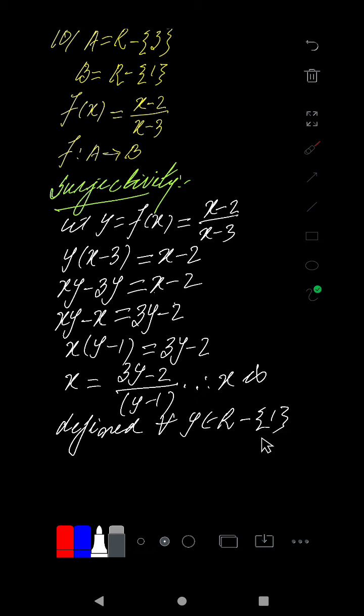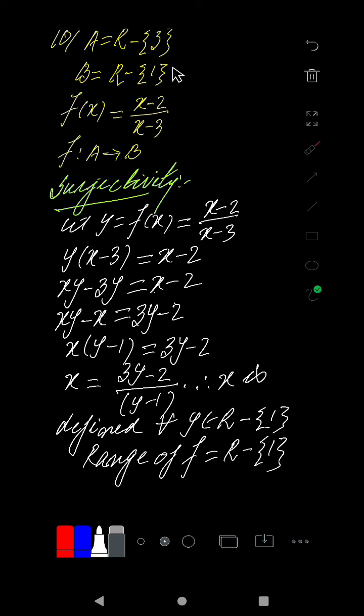So 1 is excluded, so that is minus {1}, except 1. Each and every real number is possible for y for which x is defined. So range of f is equal to R minus {1}.